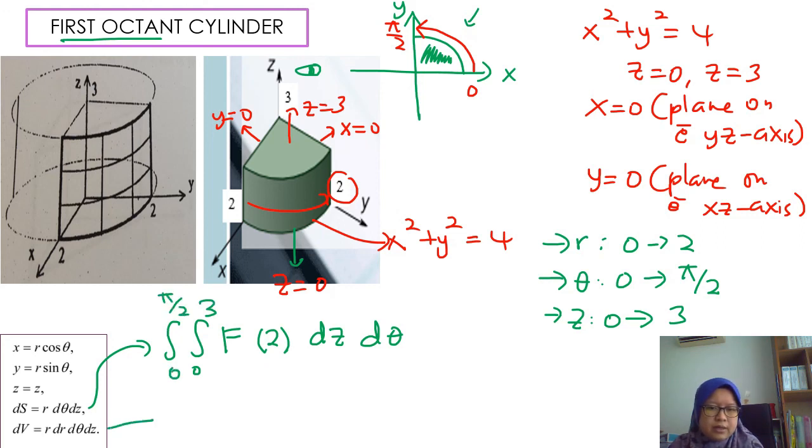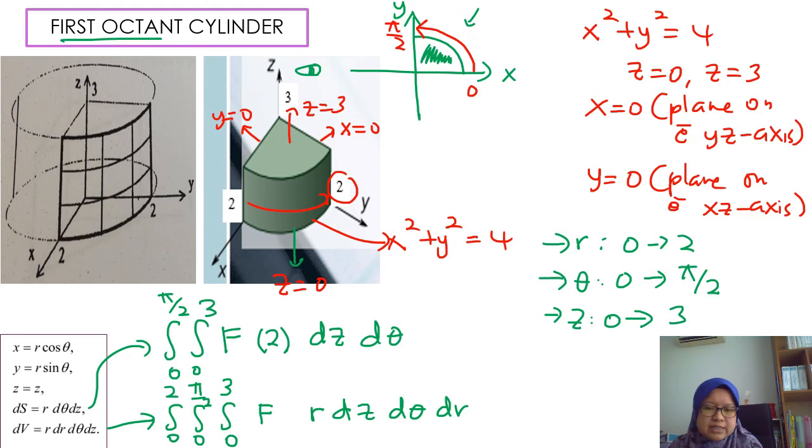And dv is the triple integral. Let's say you want to integrate f and you will write r, dz, d theta, dr, let's say. So z is 0 to 3, theta is 0 to pi over 2, and r is 0 to 2.